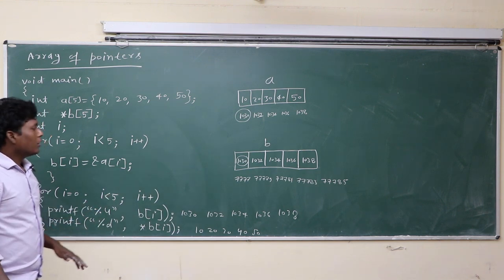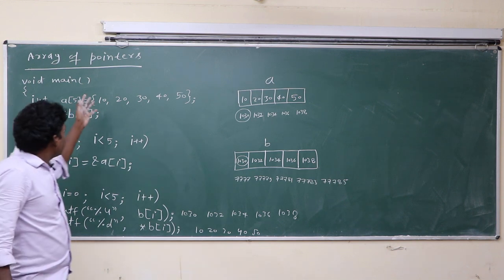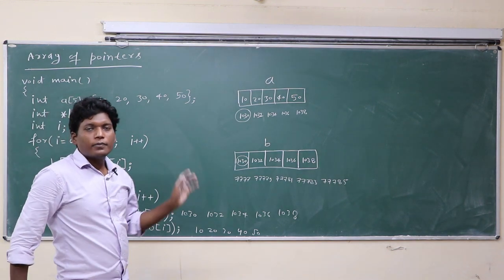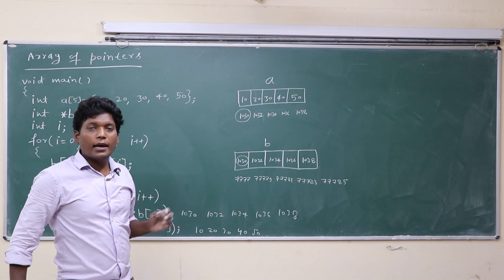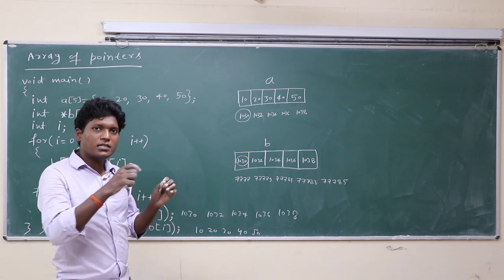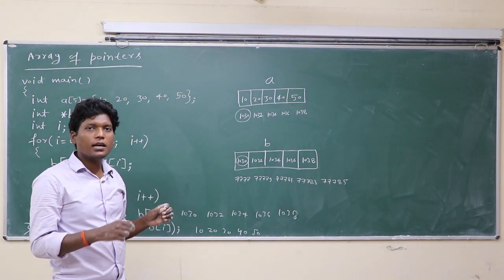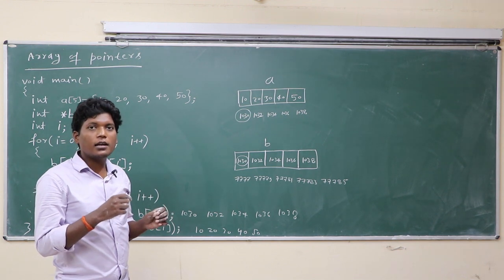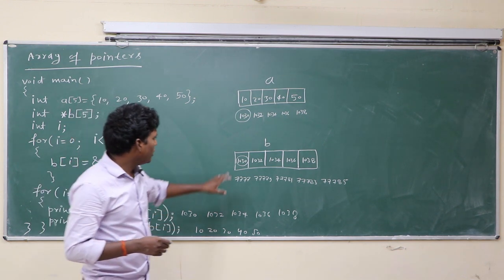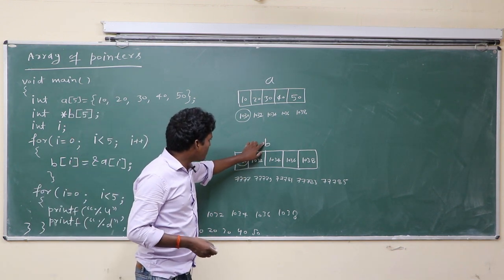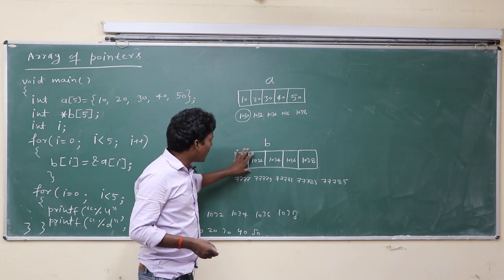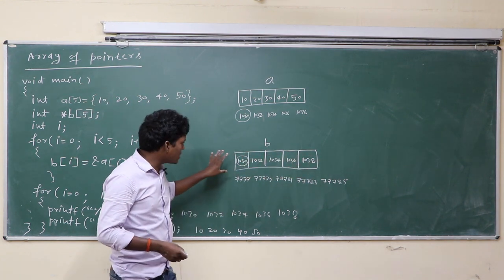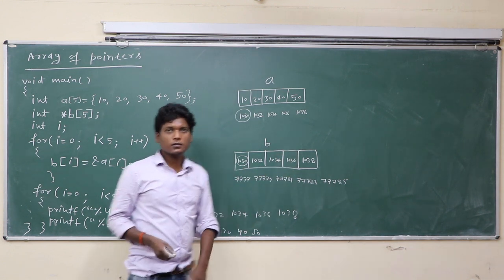So here we see the concept of an array of pointers, an array in which all elements are pointers, or you can say an array in which all elements are addresses. So this B array is an array of addresses, or you can say an array of pointers.